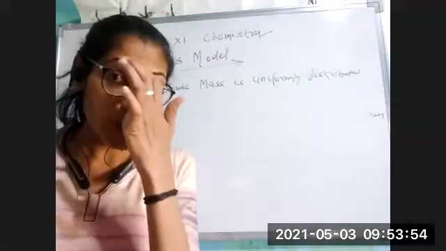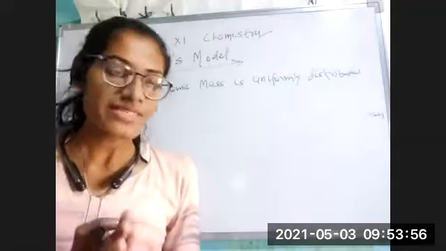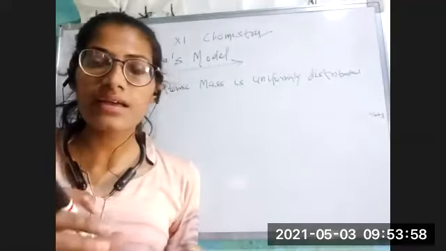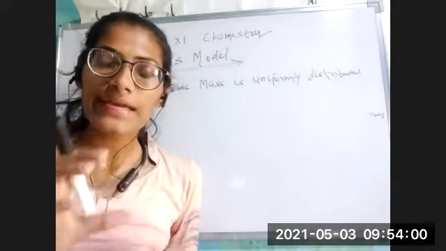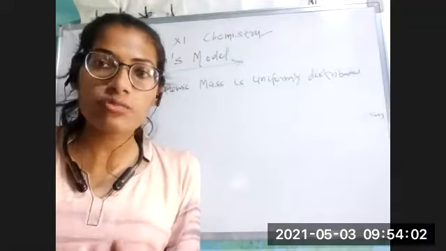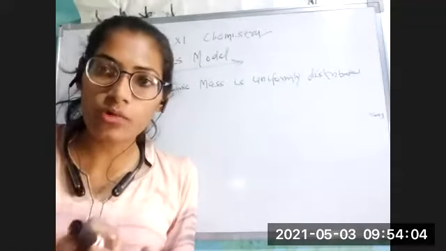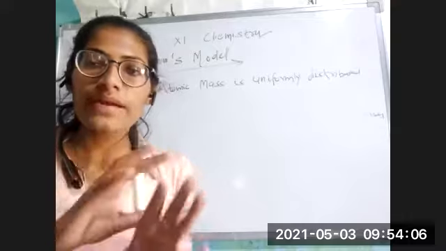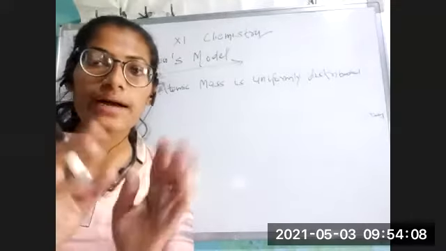Now the second point. Here we have to just explain it as a model. We have to see how electrons and protons were mixed together to make an atom.